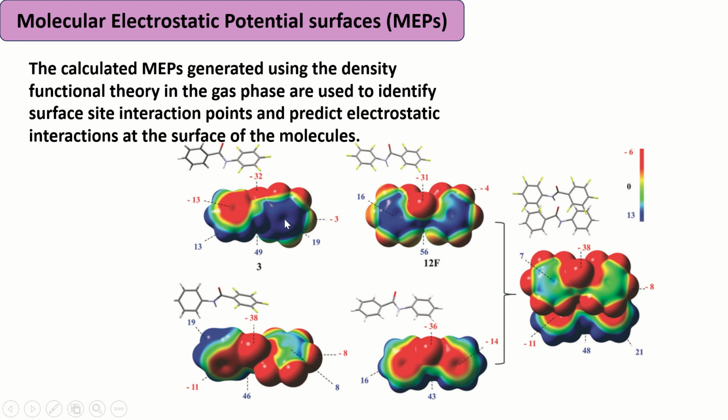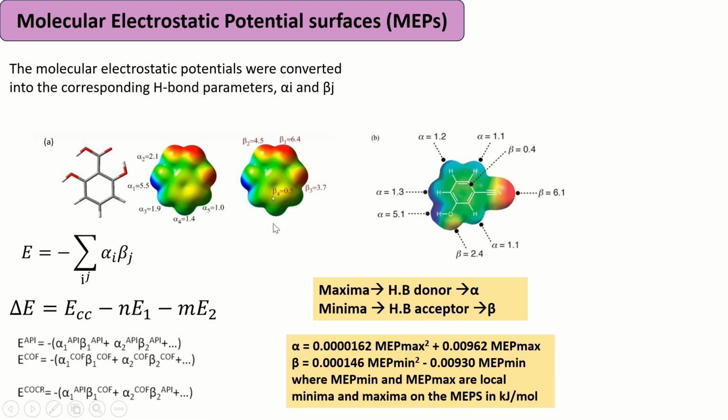So these are the electrostatic potential values of the different molecules. And from these electrostatic potential values, which are in the region of red and in the region of blue, we will calculate their hydrogen bond parameters, that are alpha i's and beta j's. The molecular electrostatic potentials were converted into the corresponding hydrogen bond parameters.